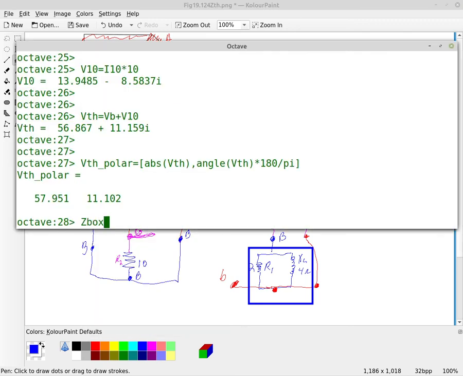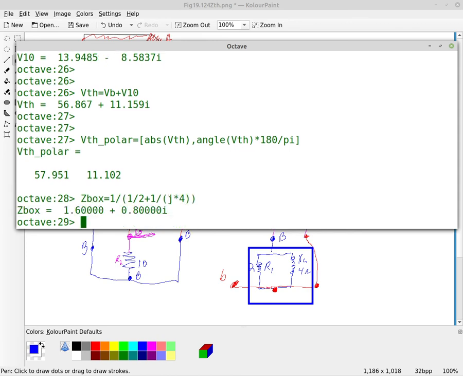So Z box is equal to 1 over parentheses 1 over 2 plus 1 over parentheses J times 4. Don't forget those parentheses or you will have the wrong answer. So that is 1.6 plus J.8.